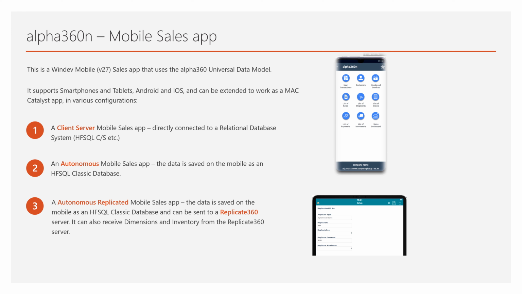First, a client-server mobile sales app. This one is directly connected to the relational database system, to the main database system, and it is actually a full sales client for the alpha360 ERP.